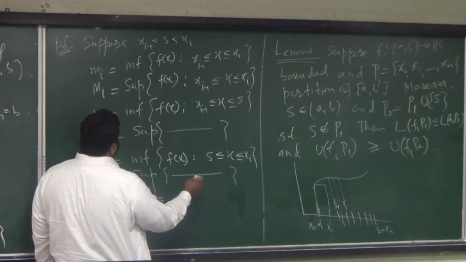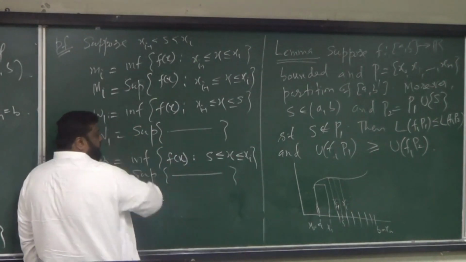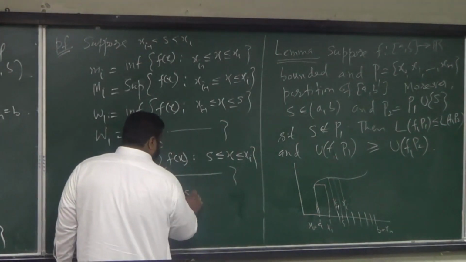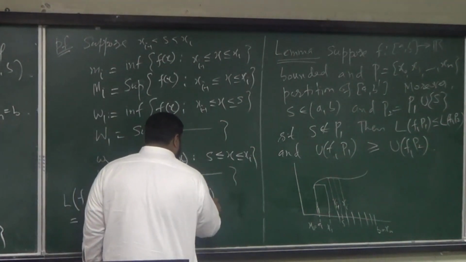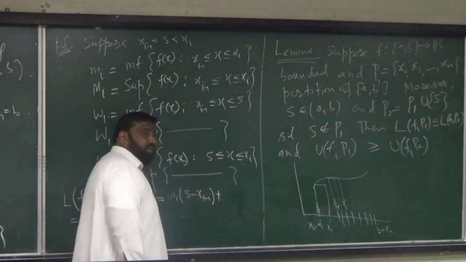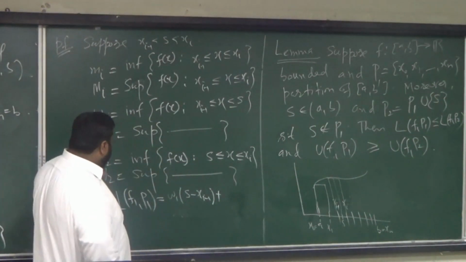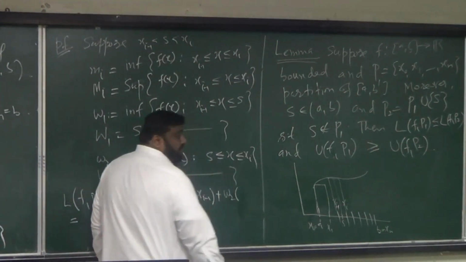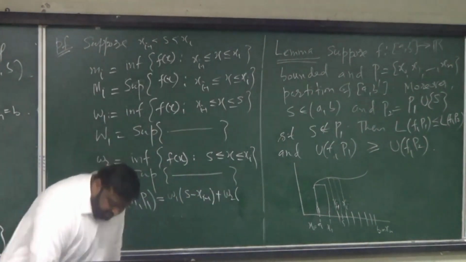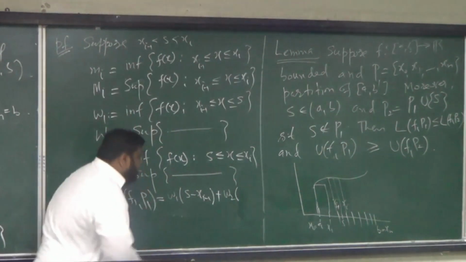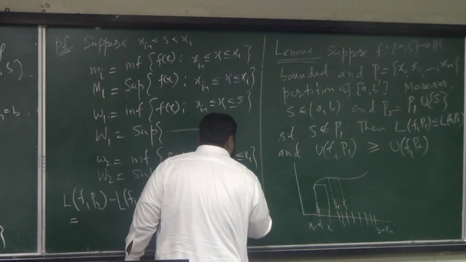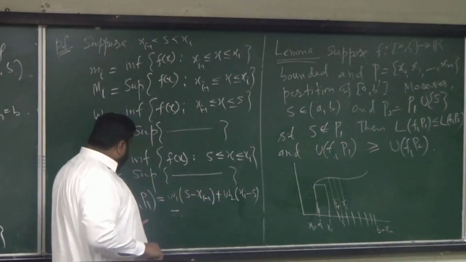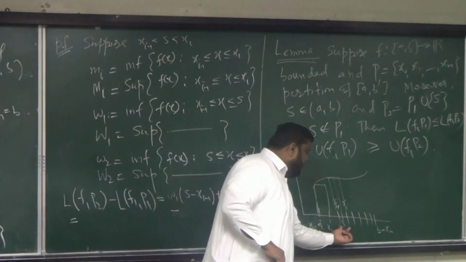First of all, what is the minimum here? We have named it small w1. So w1 multiplied by S minus x i minus 1, plus, what is the minimum on the other subinterval? It's going to be small w2 times x i minus S, minus, what would be L f P1 on this whole interval?